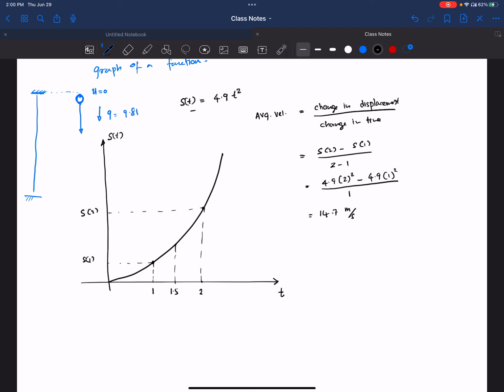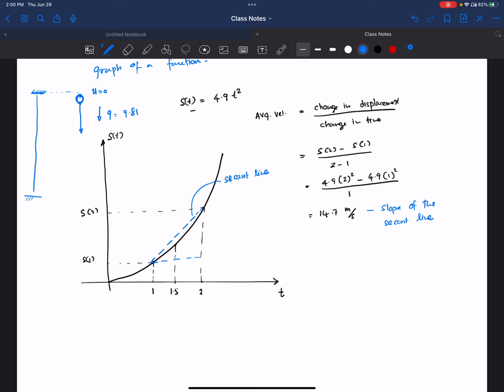According to this average velocity, if I draw a line from 1 to 2, this is called a secant line. So the average velocity is also equal to the slope of the secant line, right?